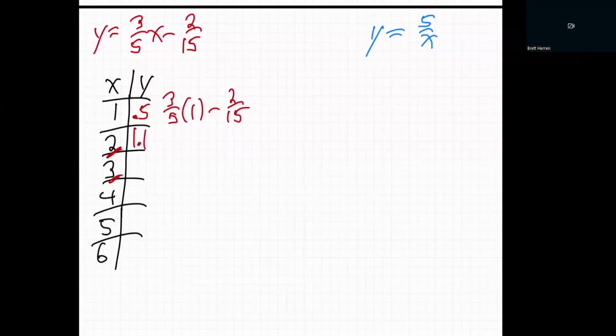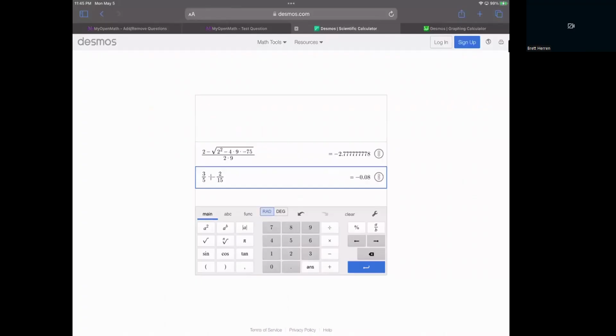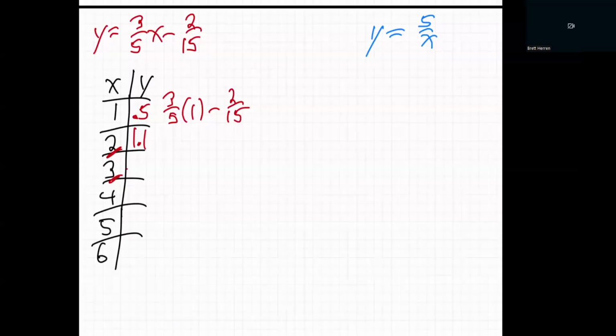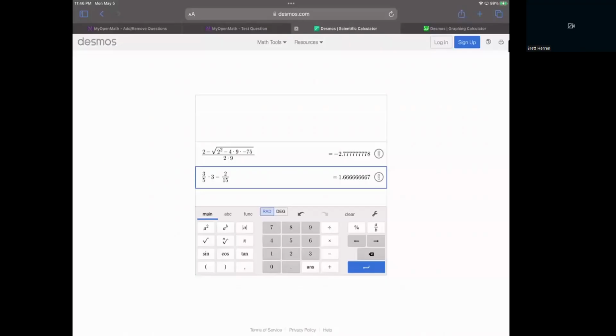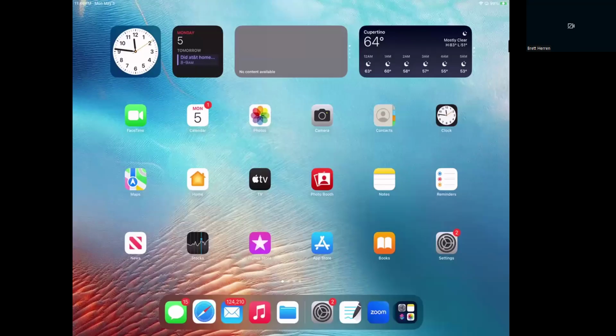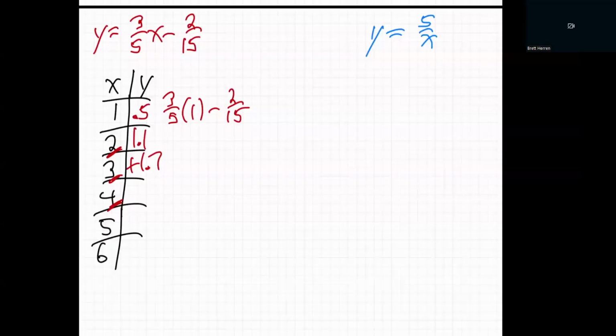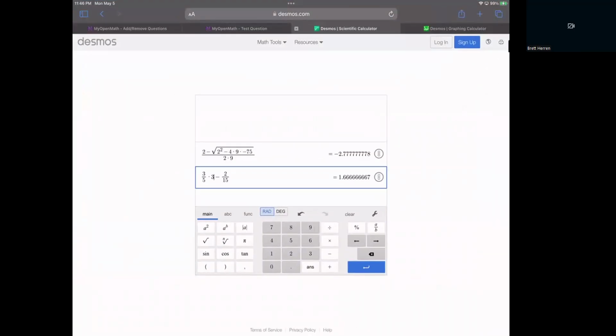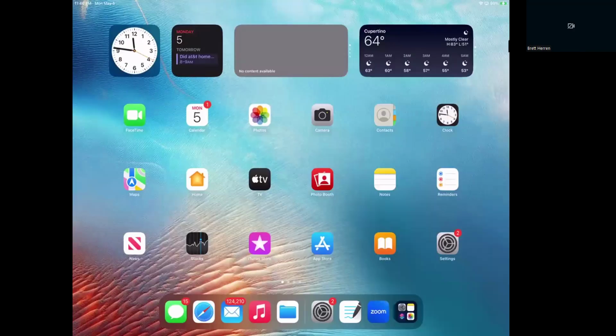Now I'm going to plug in 3. Just looking for some nice numbers, hopefully. None of these are really nice. It's positive 1.7. Okay, now plug in 4. 2.3.